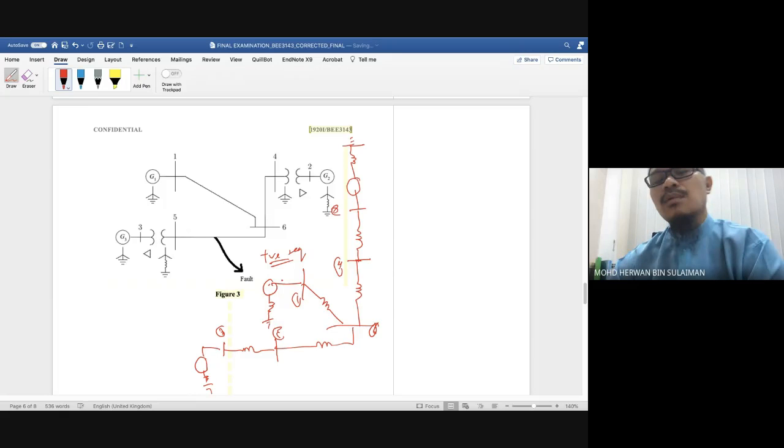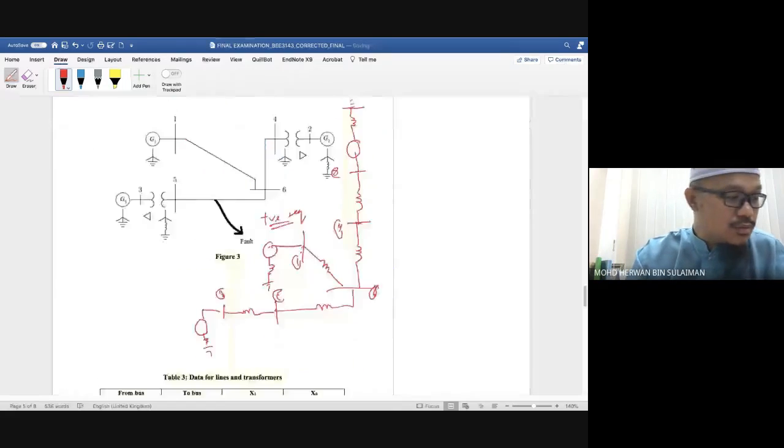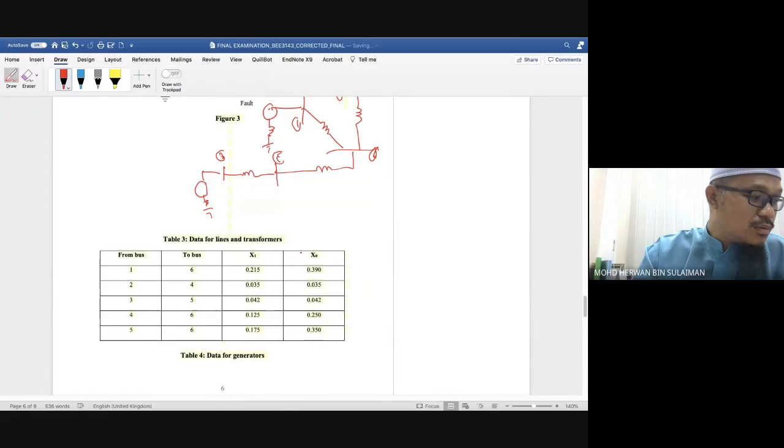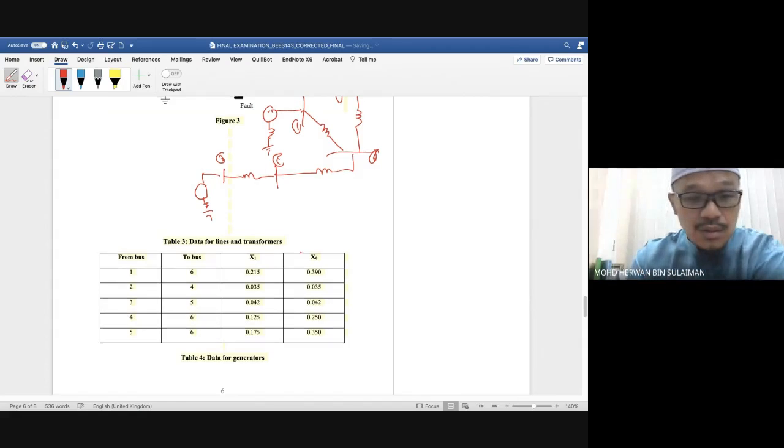Okay, kalau tinggal gini je tak ada masalah, kena letak value. So kat sini you boleh tengok, you boleh masukkan value. Okay, so this one is transmission data.